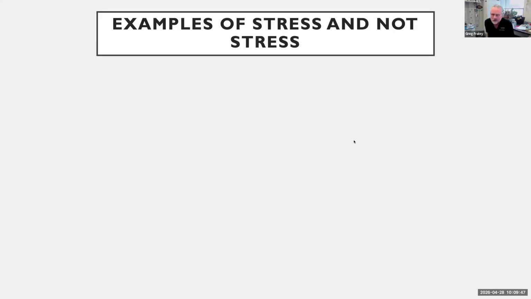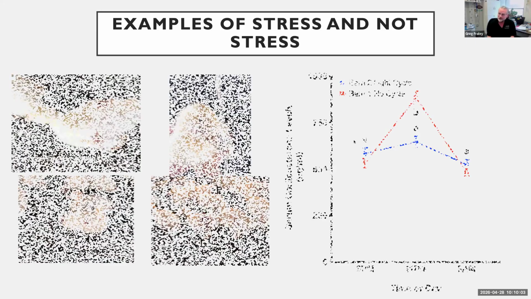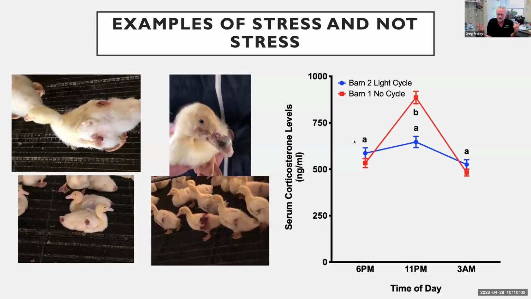A great example of this is something I did many years ago. I was doing a study on ducks. We'll just say it was somewhere in Europe, and completely unrelated to stress, but there was a stressor in the environment. It was a huge winter storm. Ducks are raised in curtain-sided barns, and these curtains were slamming up against the side of the barn.